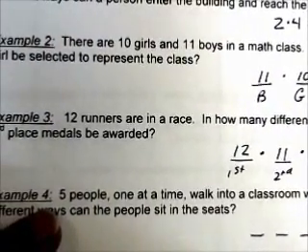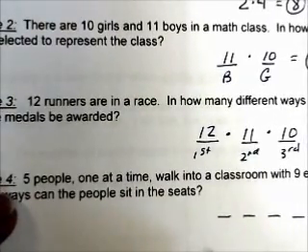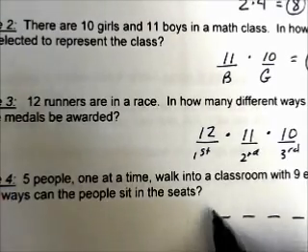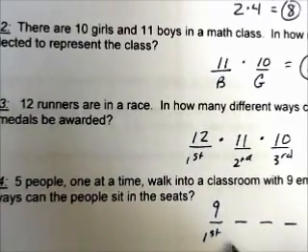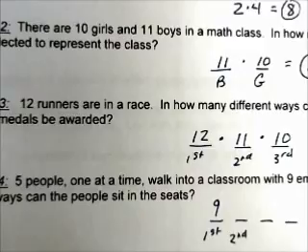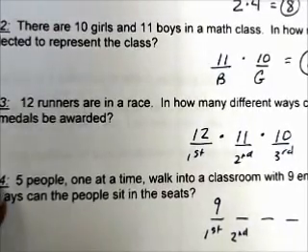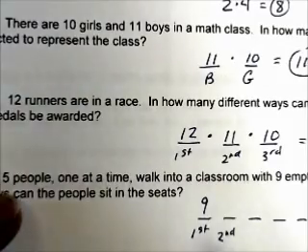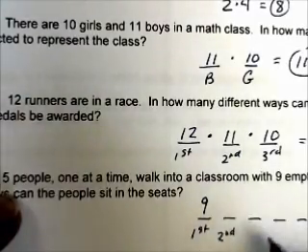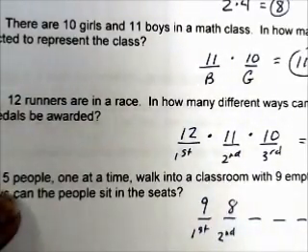So the first person comes in, takes a seat. It's got 9 seats to choose from. That's for our first person. Then our second person comes in. How many seats does he or she have to choose from? 8. Only 8 seats remain.